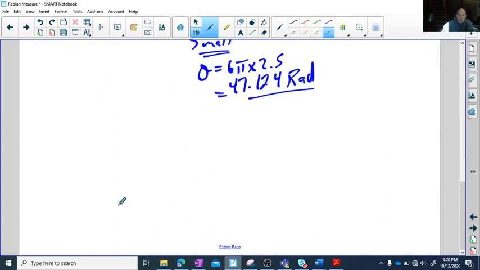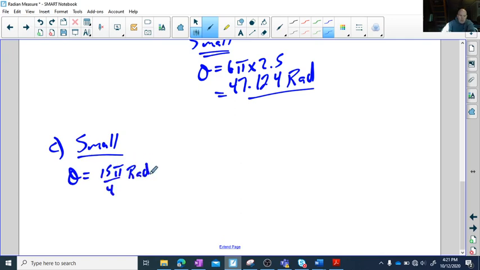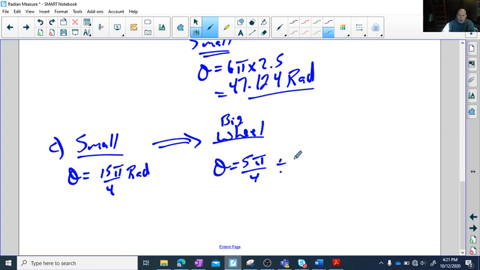All right, so this time, small wheel, theta is 15 pi over 4 radians. Well, to go from the small wheel to the big wheel, you would have to take the angle that this one rotated through and divide by 2.5.